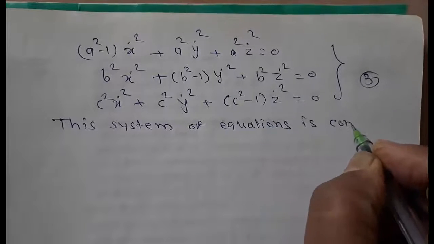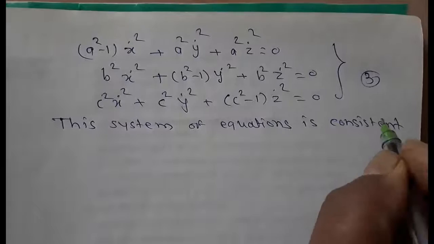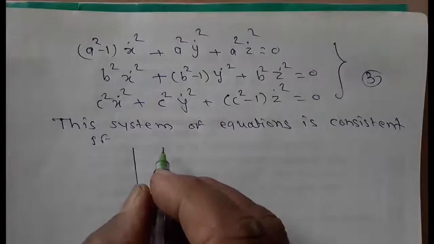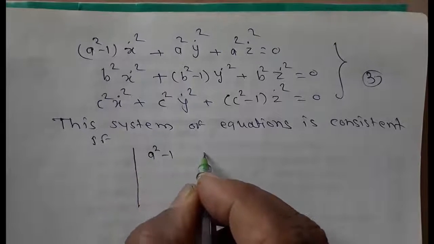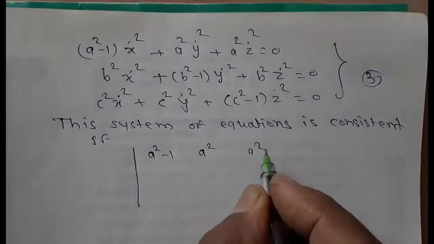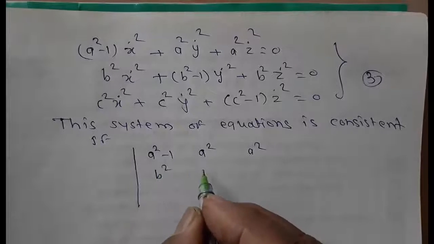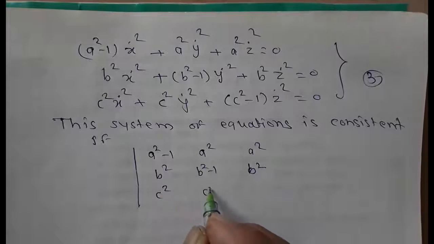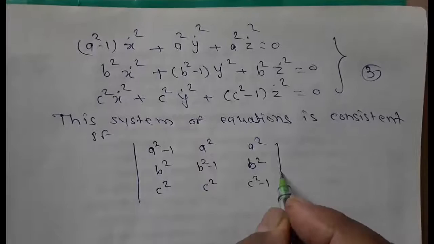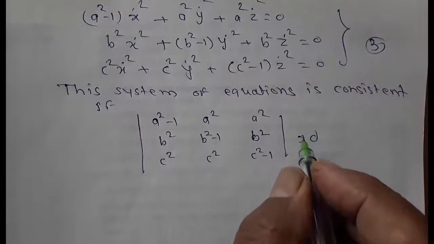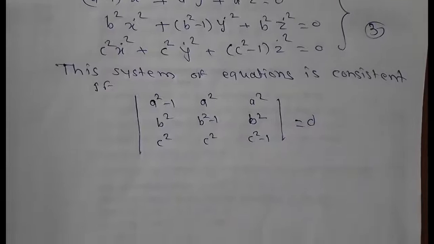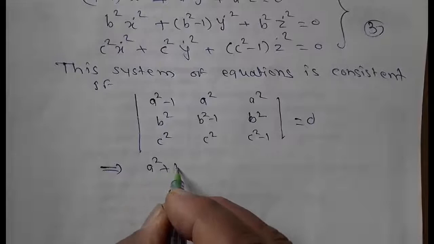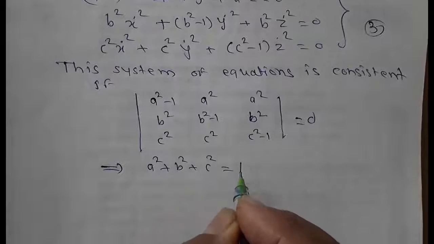Now, this system of equations is consistent if the determinant of the coefficients equal to 0, that is, the determinant with first row a square minus 1, a square, a square, second row b square, b square minus 1, b square, third row c square, c square, c square minus 1 equal to 0. If we solve this determinant, we will get a square plus b square plus c square equal to 1.